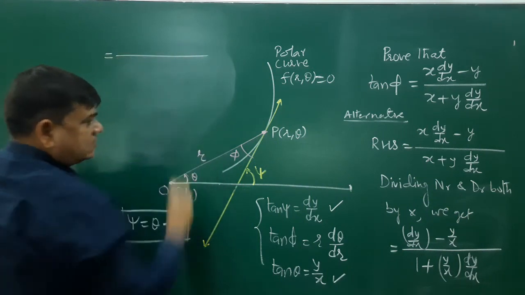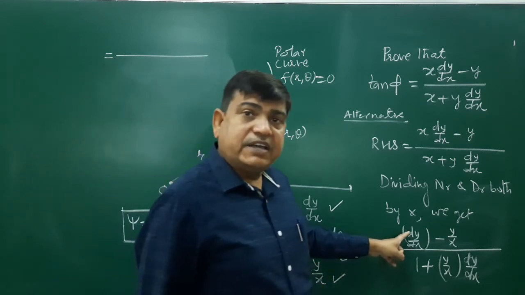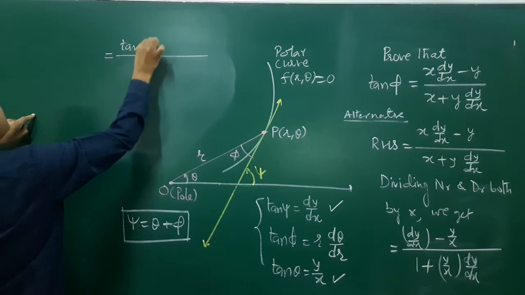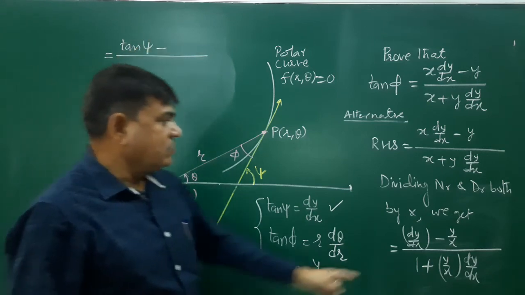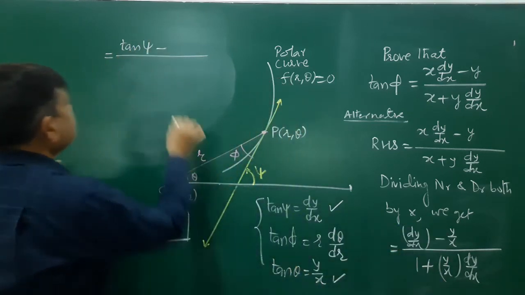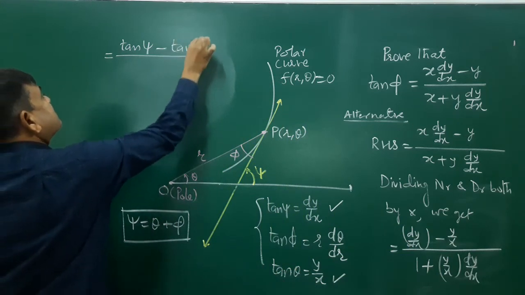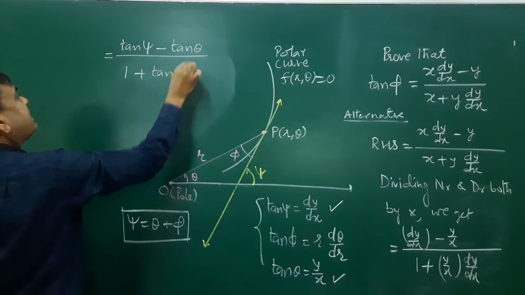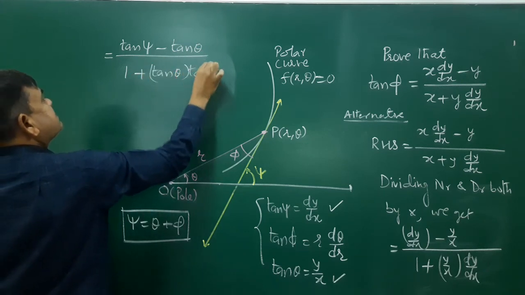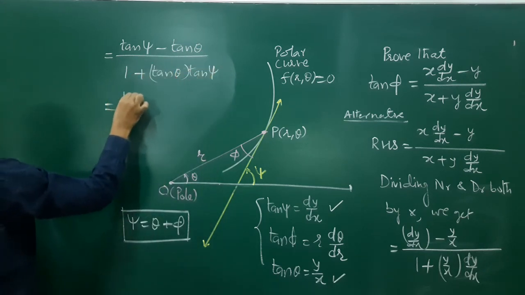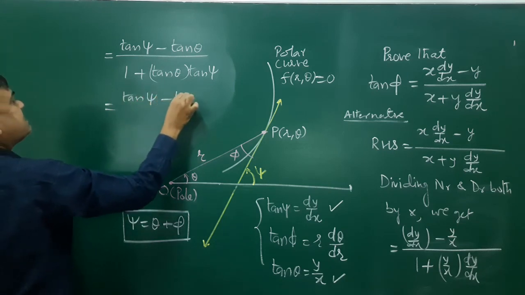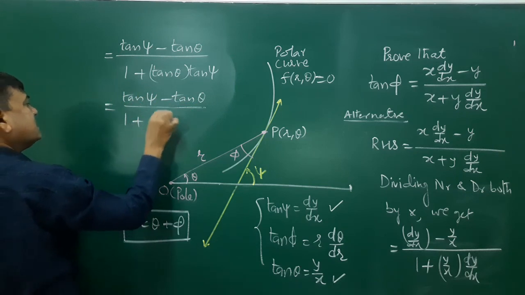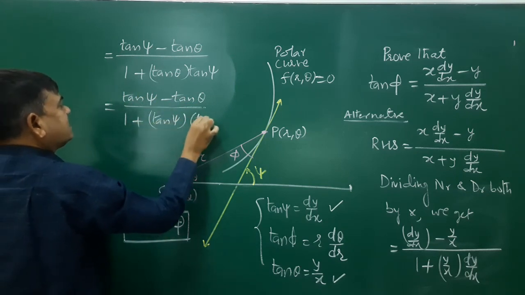Equals, dy by dx is tan psi. So here it is tan psi minus y upon x, that is tan theta, upon 1 plus tan theta tan psi. This is tan psi minus tan theta upon 1 plus tan psi into tan theta.